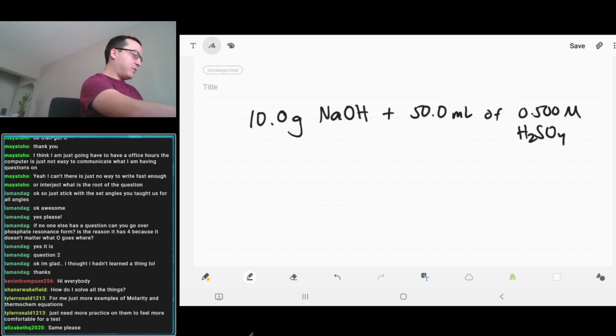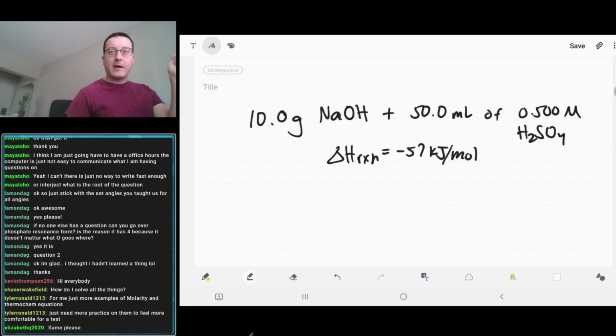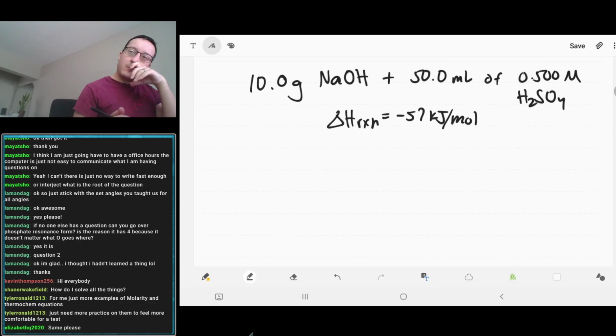Let me look that up. Cool. Delta H for this reaction is negative 57 kilojoules per mole. Okay, given to us, yes? So that's the overall reaction, right?